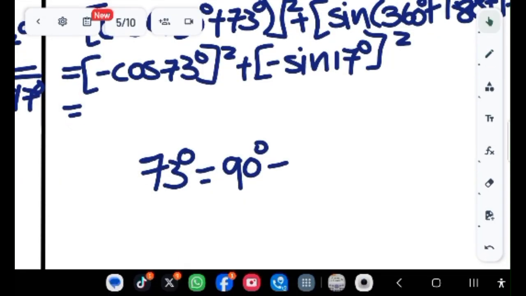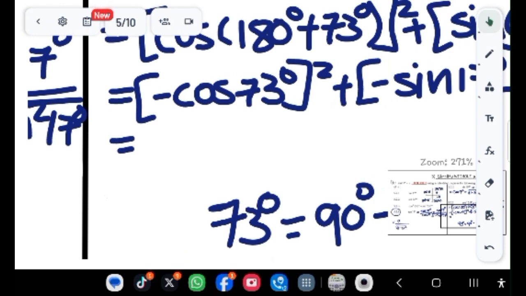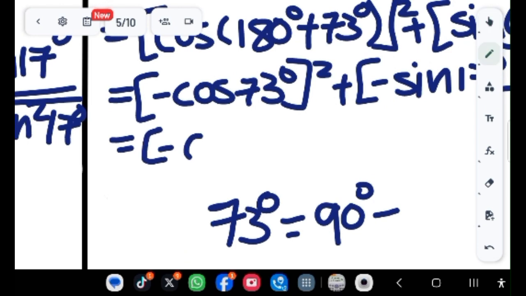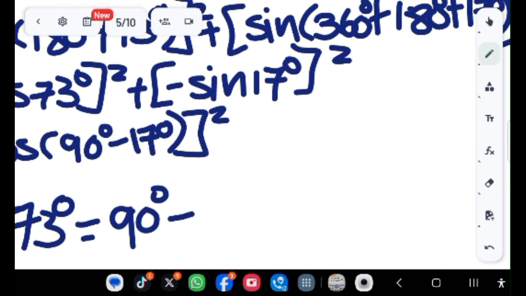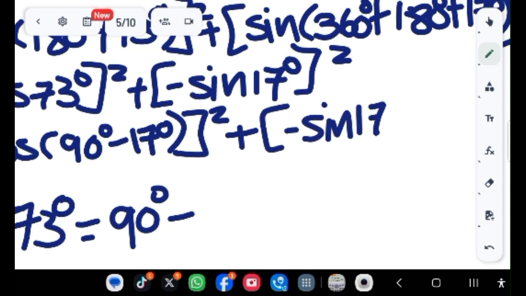So it's 17 degrees, so that will be negative, minus cos of 90 degrees minus 17 degrees. Okay, that is all squared, plus negative sine of 17 degrees all squared.